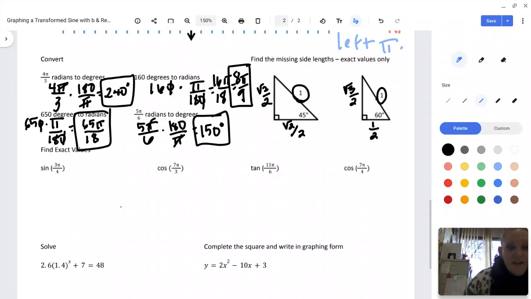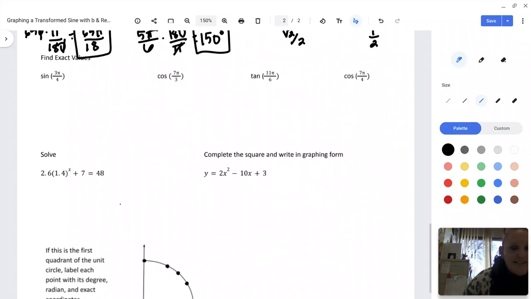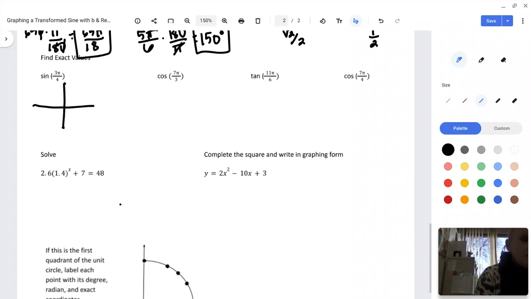Okay, let's look at these next couple. It says find the exact values. Exact value of the sine of 3 pi over 4. That tells me that I shouldn't use a calculator, that I should actually figure out the exact value. So I'm going to draw my unit circle. 3 pi over 4 is here.